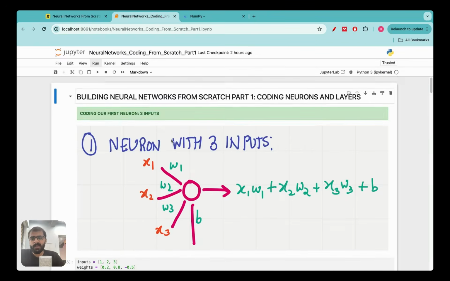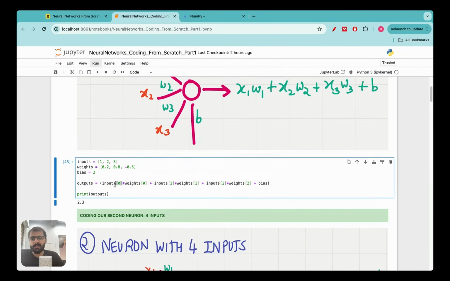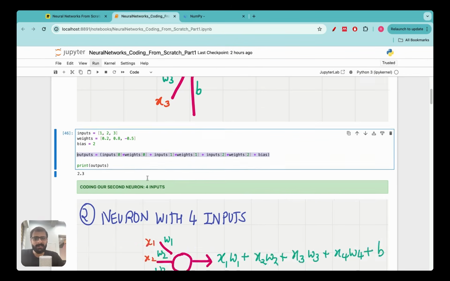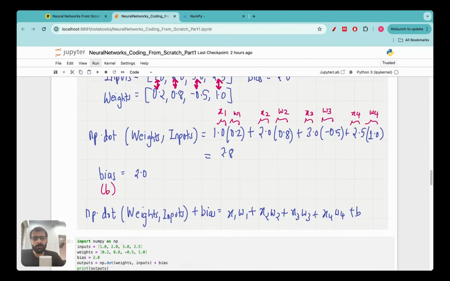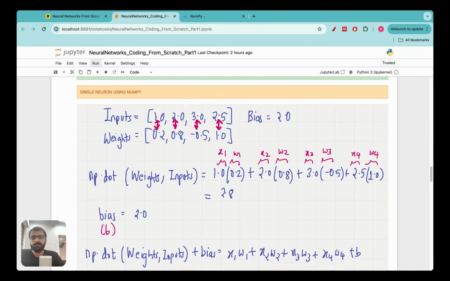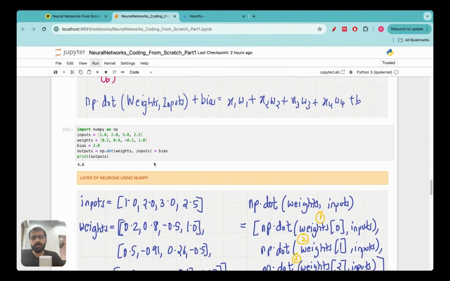So instead of just writing everything explicitly, we can of course write x1 w1 plus x2 w2 plus x3 w3 plus b. But if there are 100 inputs, how can you write everything explicitly like this? That's when the dot product comes into the picture. So now to code the single neuron, we just write np.dot(weights, inputs) plus bias.